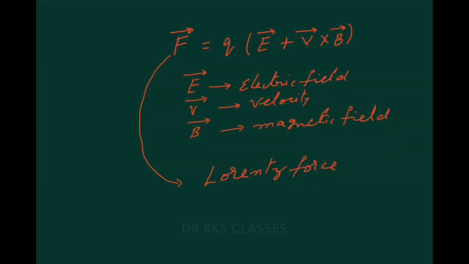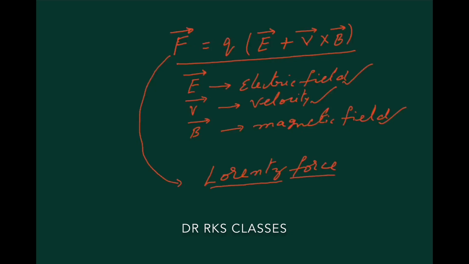The force experienced by a charged particle in an electromagnetic field is given by F equal to q into E plus v cross B, where E is the electric field, v is the velocity vector, and B is the magnetic induction. This F is called the Lorentz force.